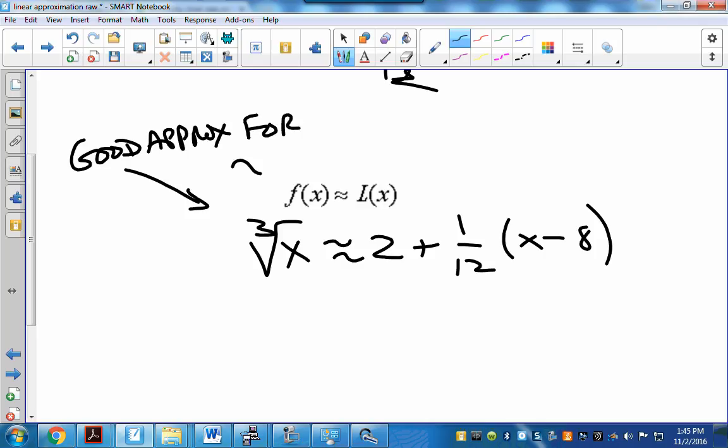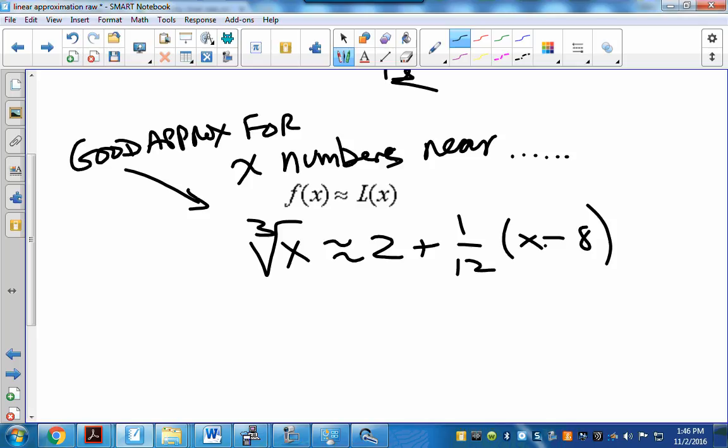for x numbers near what? See, now we're back to the discrete math class again. What kind of numbers can I put in that this is a good approximation for? 8, numbers near 8, right?